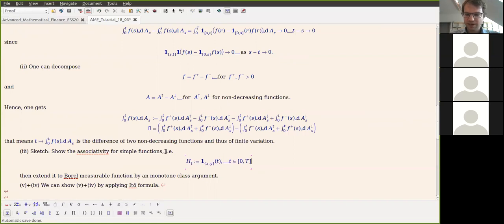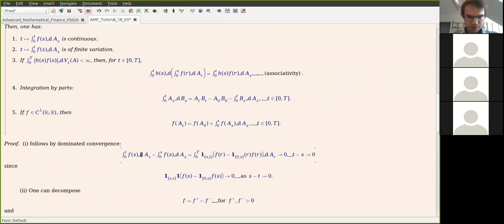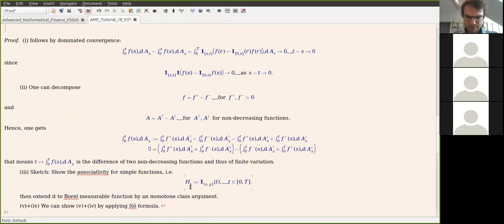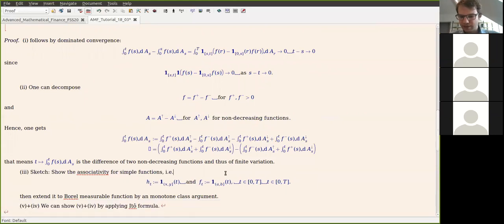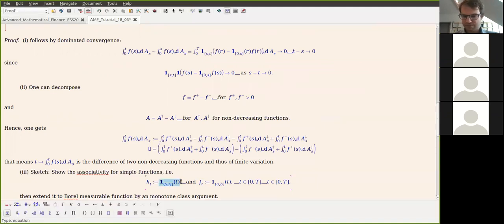So if you prove the identity for this function, and the same for the second function f, you take the most simple class of functions you can think of, and these are just indicator functions.